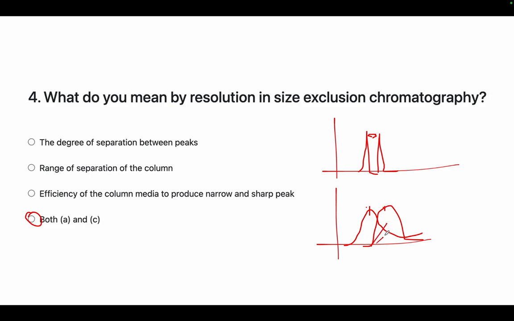Because there's such a big region of overlap between these two peaks where the two proteins are mixed. So even if I try to pick up this sample over here, I'm getting a little bit of this other protein in it also. So resolution depends on the degree of separation as well as the sharpness of the peak.